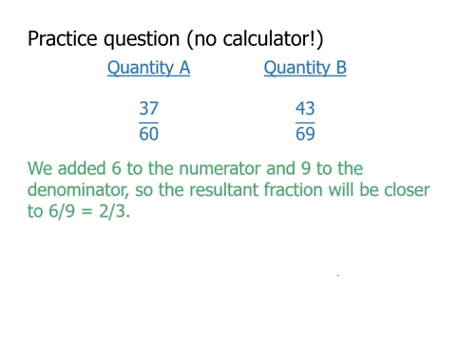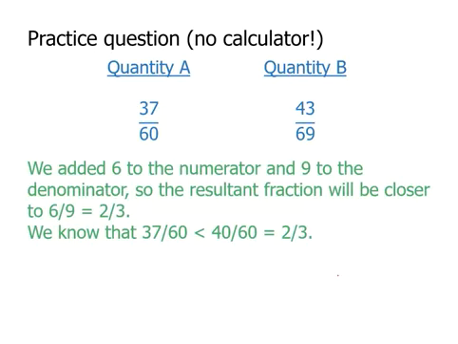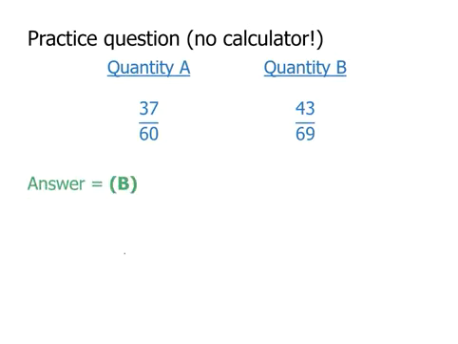The starting fraction, 37 over 60, is less than 40 over 60. 40 over 60 equals 2/3. So we started out lower than 2/3. We moved in the direction of 2/3. And so that meant that we actually had to get slightly bigger. And so it became slightly bigger, and so the answer is B.